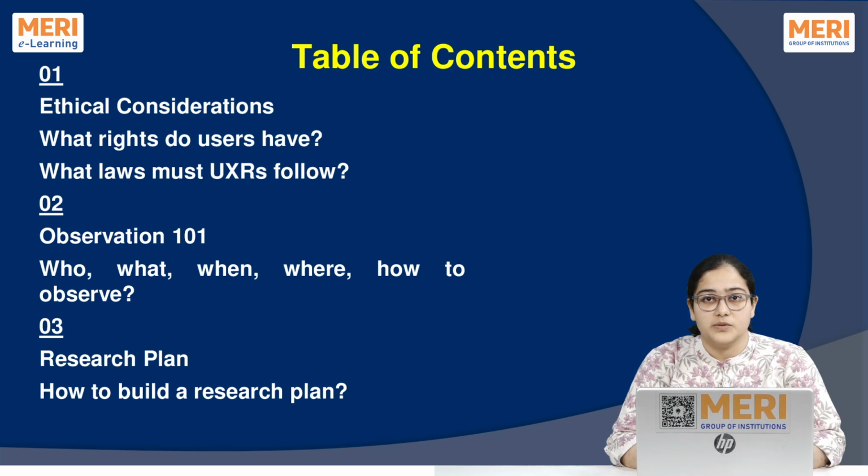Conducting research without a proper plan can lead to confusion and poor results. Therefore, we will learn how to build a research plan that clearly outlines research goals, questions, and methods. Together, these three sections will help you understand how UX research is conducted professionally and ethically.